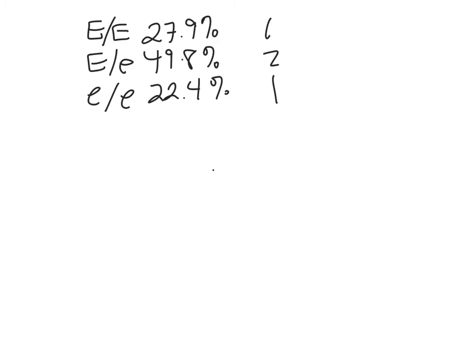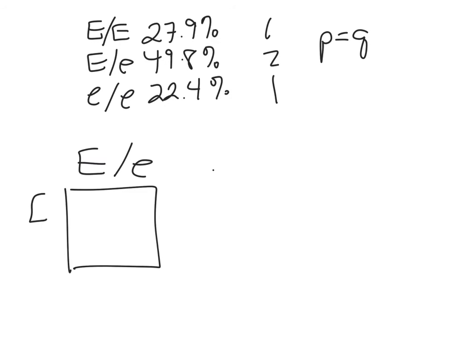And we see that when allele frequencies are almost equal. When P equals Q, or when the number of big E's is the same as the number of little e's. That should be familiar because that's what happens when you have a cross between two heterozygous individuals.